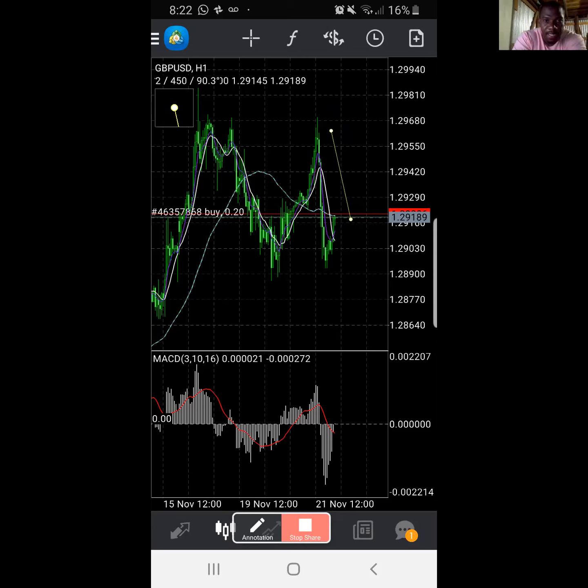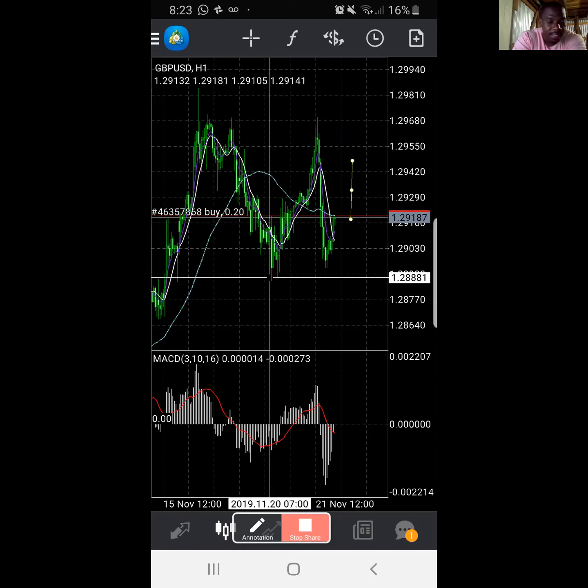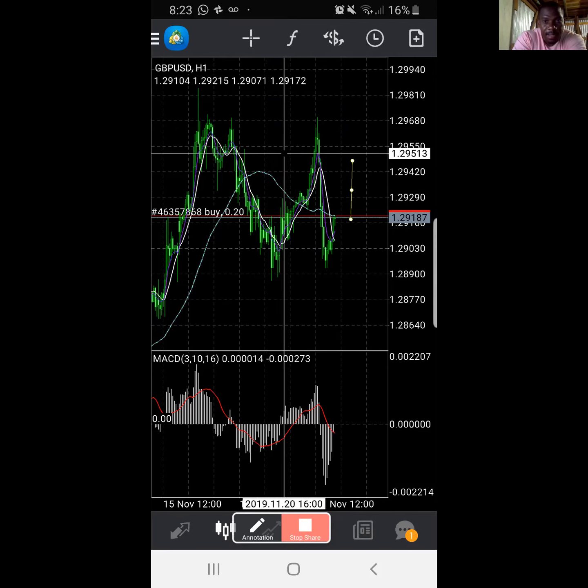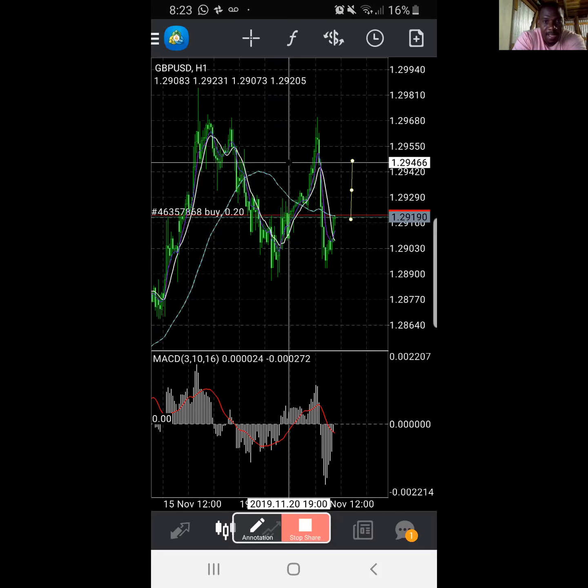But if I want to set like a 30 pip TP, I would measure 30 pips, and I will let go, and then it will hit my cross here, and then I could go and check the price level at that point.